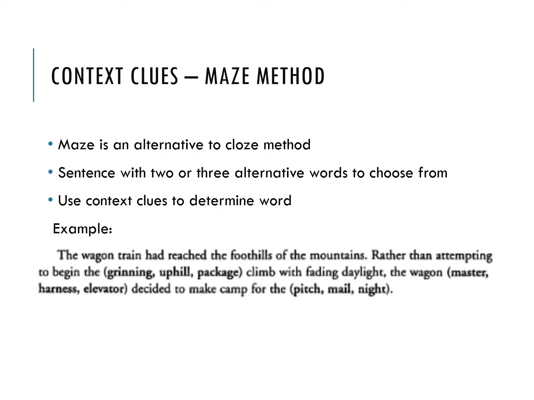But for now, it's giving them suggestions of 3 choices to choose from, and then using context clues around there to determine the word and its meaning. So using context clues through the maze or cloze methods helps students to not only learn new words, but identify appropriate words that make sense in a text, which leads to better reading comprehension.